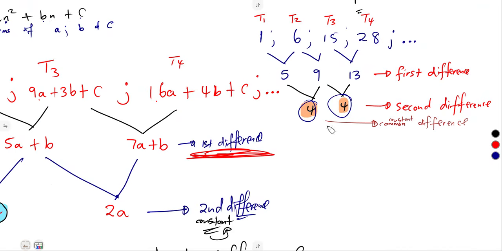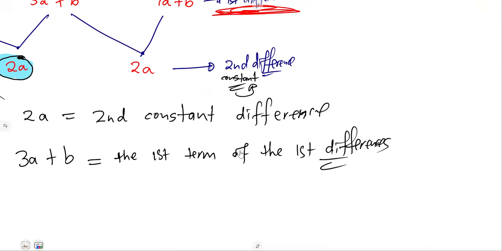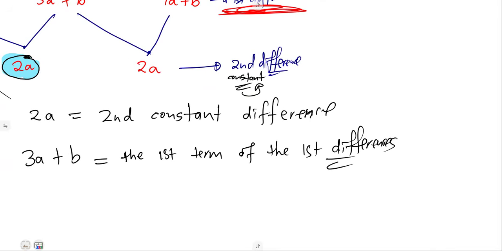So these are our first differences, and this is the one you are focused on. You say 3a plus b is equal to 5, an equation that you must solve for b. Remember, when you took 2a equal to the second difference, you had to solve for a.